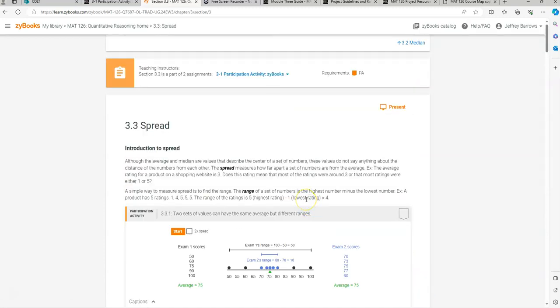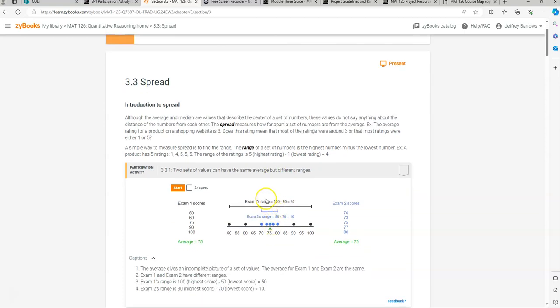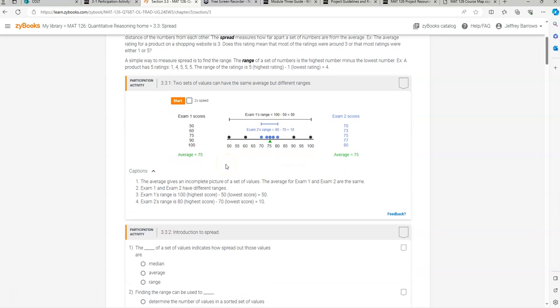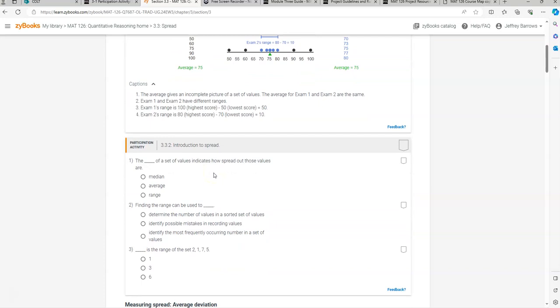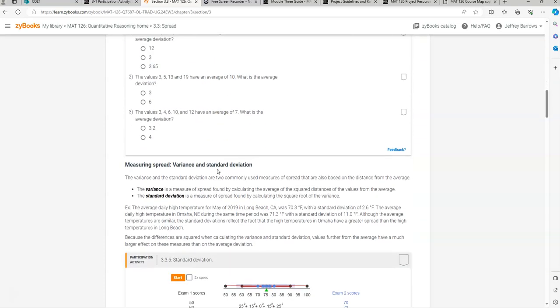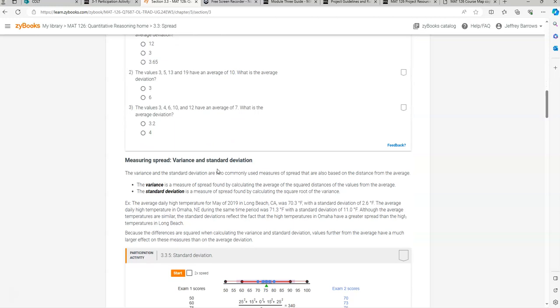And then we get to section 3.3, measures of spread. So this is where we're going to start talking about variation. You'll typically look at some very simple calculations called the range, the difference between the high value in a distribution and the low value in a distribution. That will give you a quick order of magnitude on how wide the amount of data is that you have. And then average deviation, and then we get into variance and standard deviation.